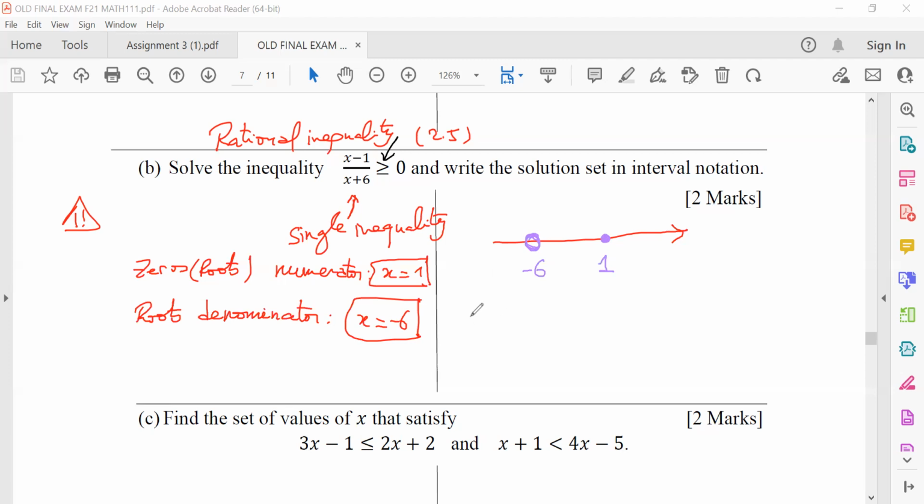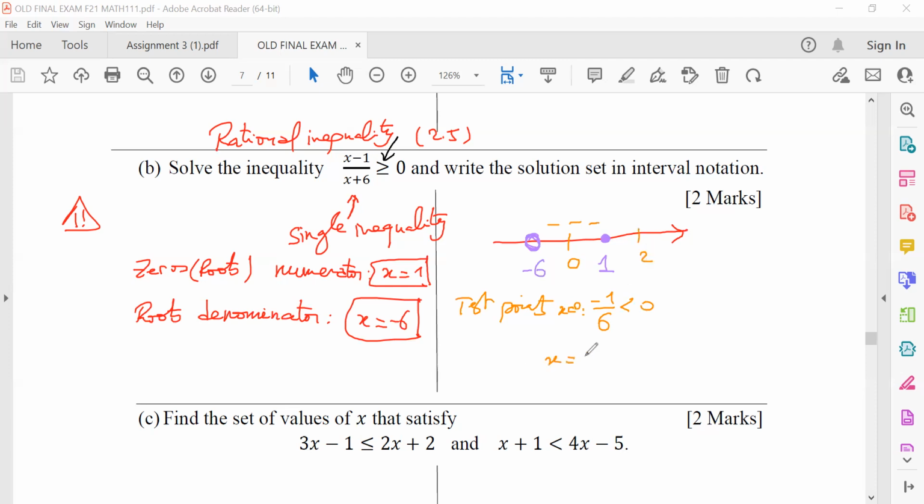We take test points. For example, 0. If we replace by 0, we get minus 1/6. For x equals 0 it is negative, so here minus. We can take 2, for example.